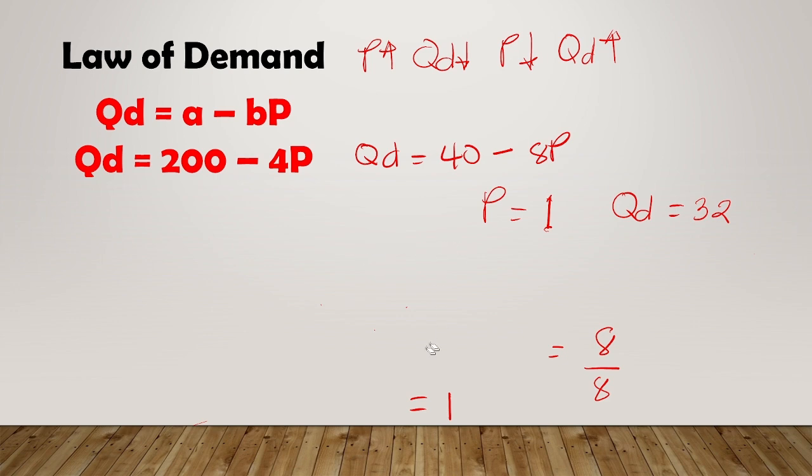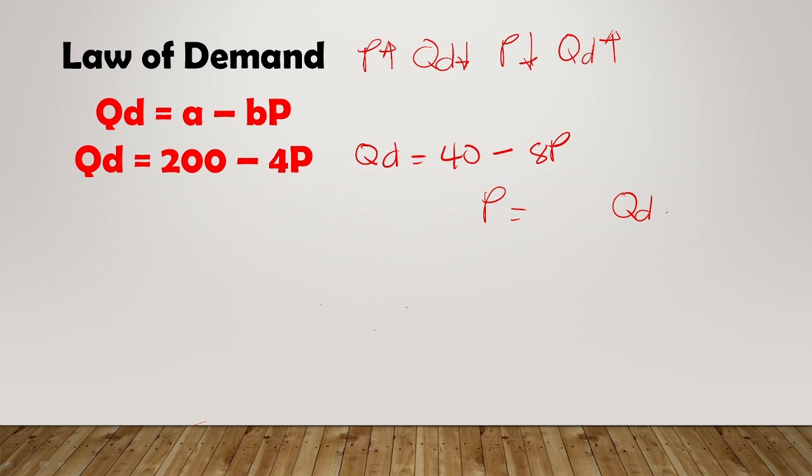Let's say for example again, what is missing is the price. So we'll be looking for the price. How much is our QD?